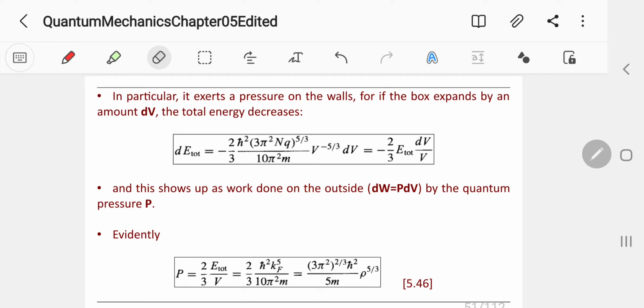So if the box expands by an amount dV, the total energy decreases by some amount, and this is just equal to here.